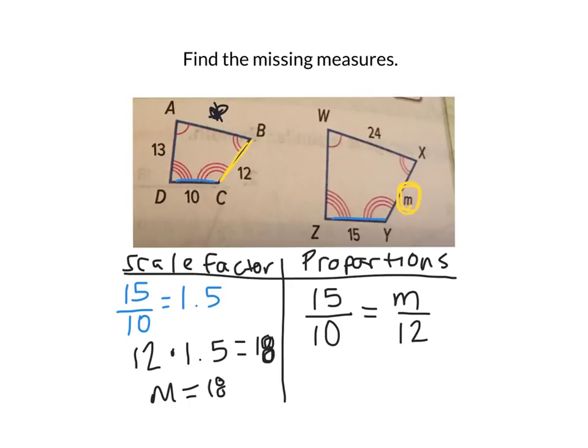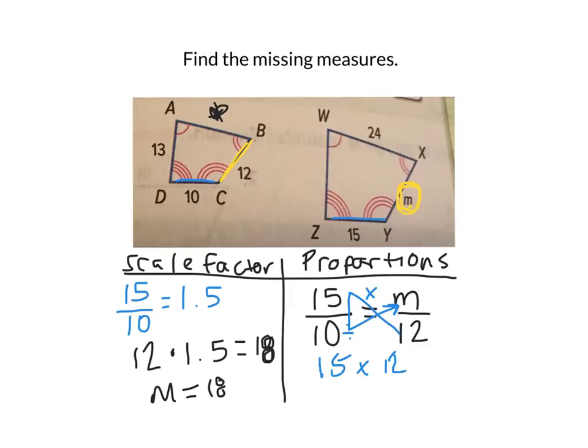So what that looks like is I take these 2 numbers and I'm going to multiply them. So I'm going to take 15 times 12. And then I'm going to divide by 10, and it's going to get me my answer.